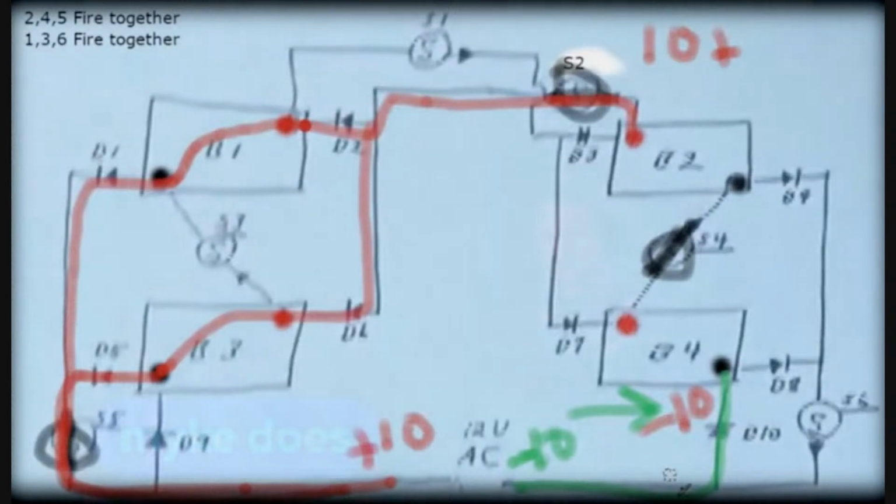There's no way to lose power here because, geez, I mean, I don't know what these diodes are here for.